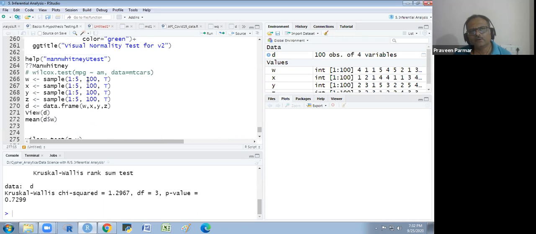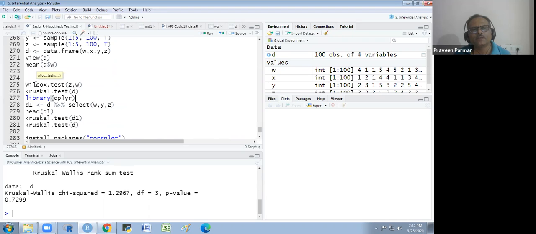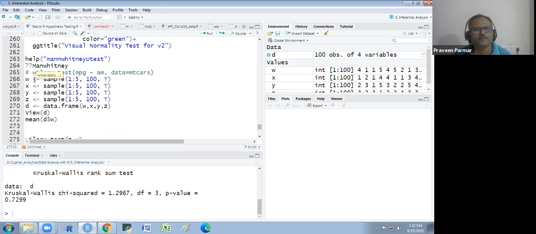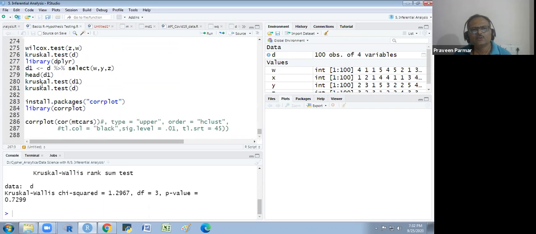Now I want only 3 variables, not all 4. I am using W, Y, Z, and I don't want to involve X. I want to know whether there is a significant difference in W, Y, and Z. So for the Kruskal-Wallis, I have to create a data frame with only 3 variables.